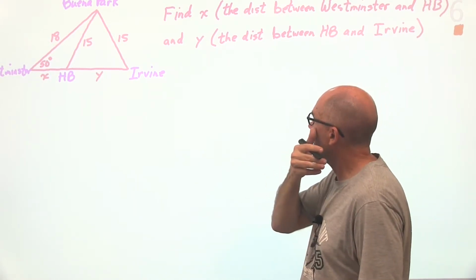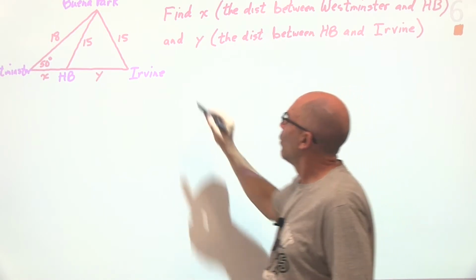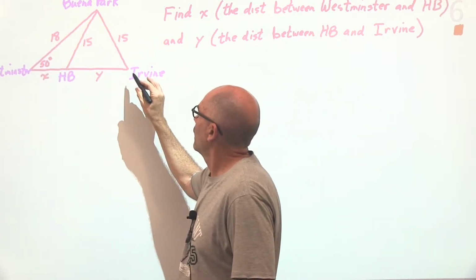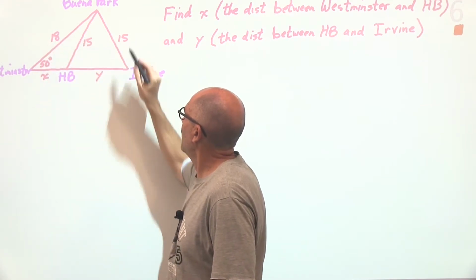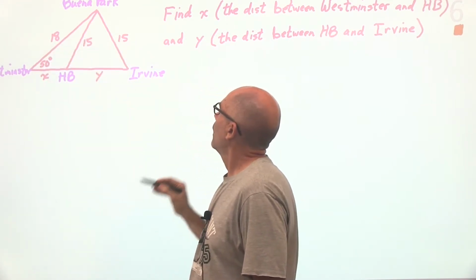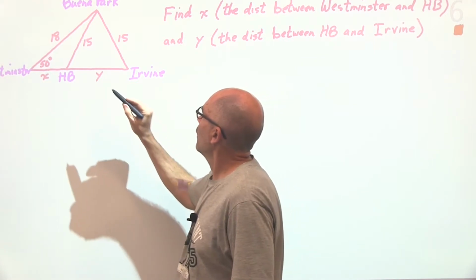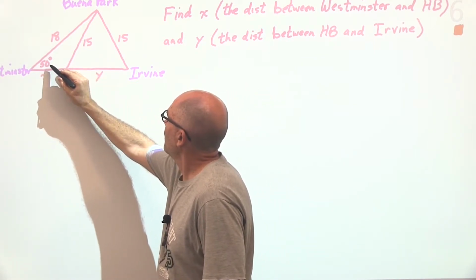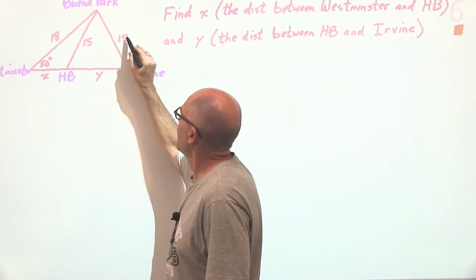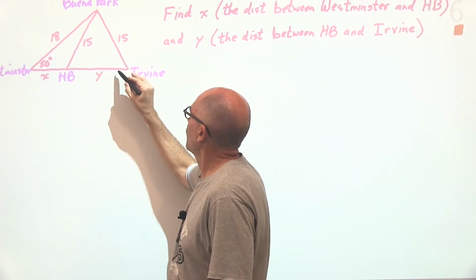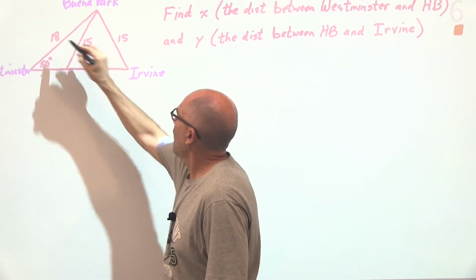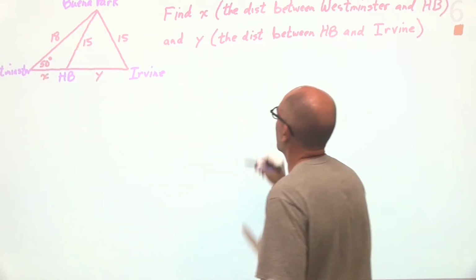Well, notice what we have. We have one big triangle where we've got angle, side, side. So what I'm going to do is go sine of 50 over 15 equals sine of the Irvine angle over 18.